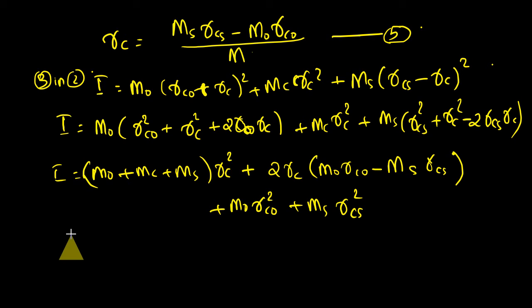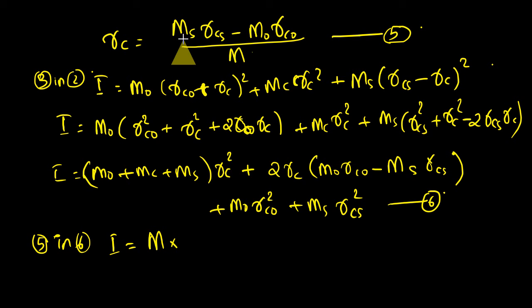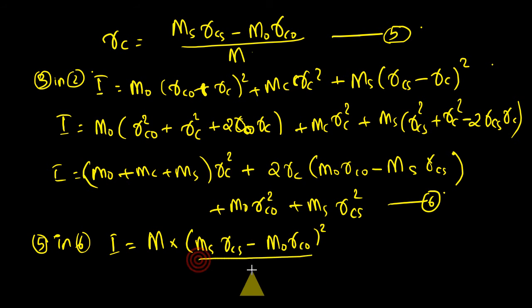Okay, therefore I is equal to, that is substituting, let me call this equation number 6. So I can say substituting 5 in 6. So I is equal to M_O plus M_C plus M_S, that is capital M, right? This one, capital M, into R_C square. R_C square is M_S R_CS minus M_O R_CO the whole square divided by M square.